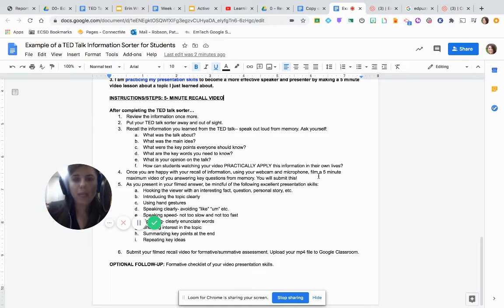Now, what were the key points everyone should know? I'm trying to remember. Okay, the key points everyone should know. Okay, so number 1, that we learn best when we go between 2 states of focus. The first is the focus state, when we're really trying to learn. We're sitting with our books and we're studying, right?